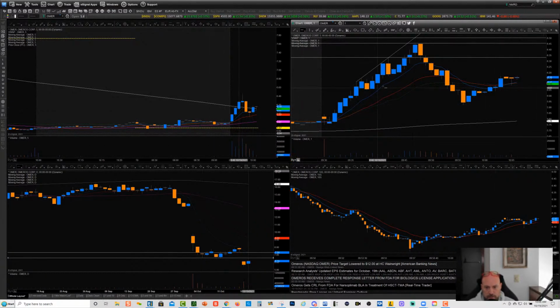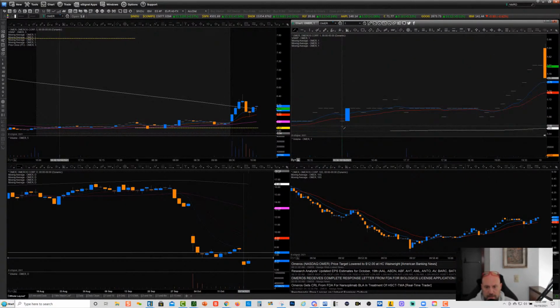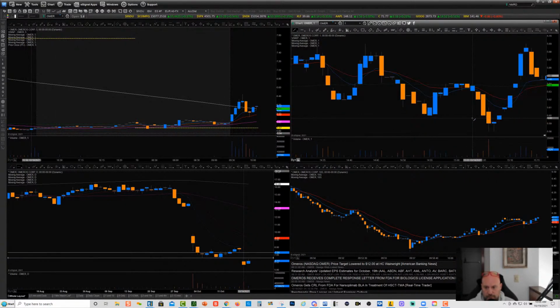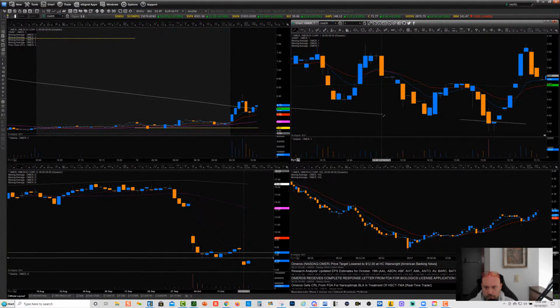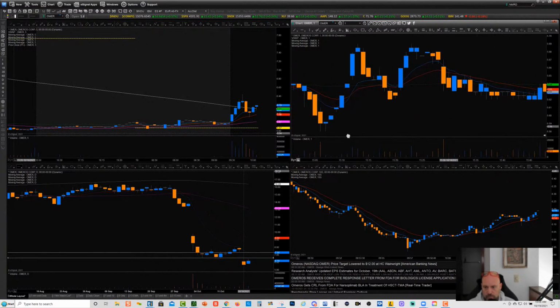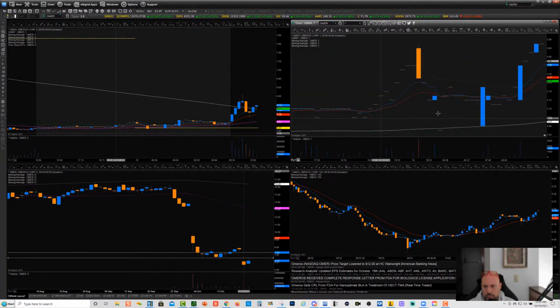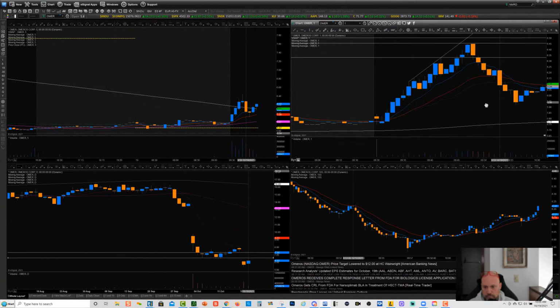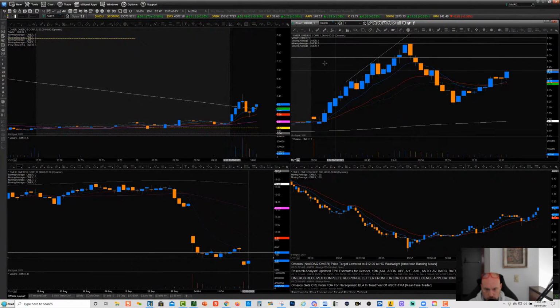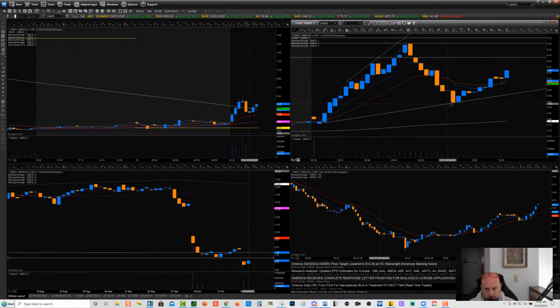I watch this one, and you can see it kind of has that megaphone pattern. So if I connect, right over in here, price has held that support level of that megaphone.